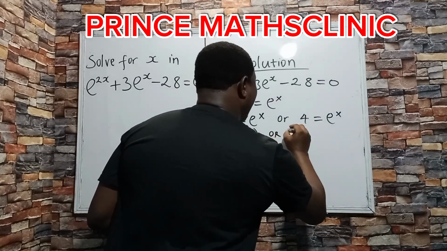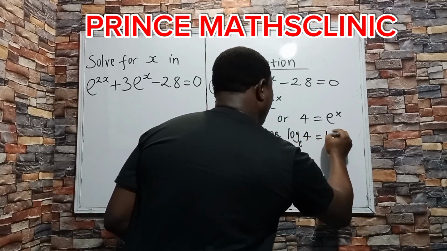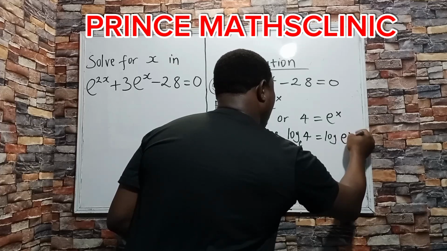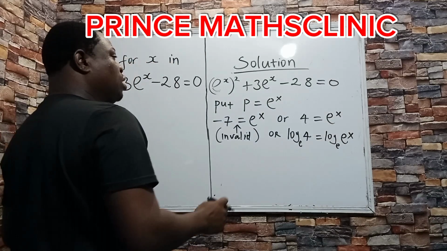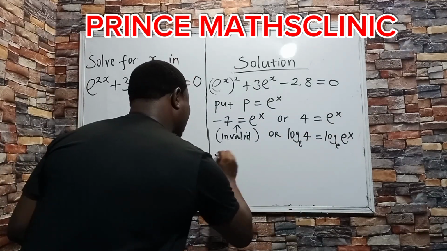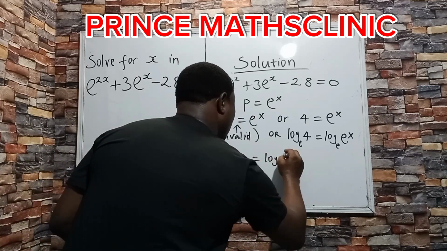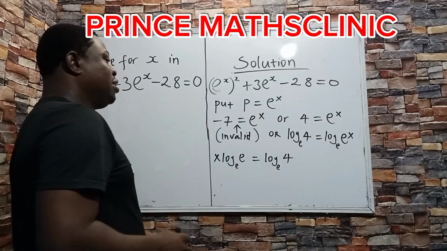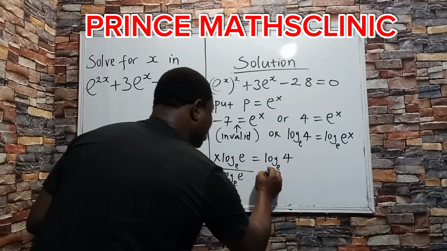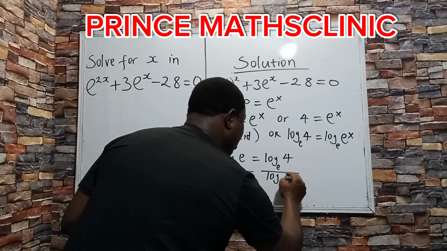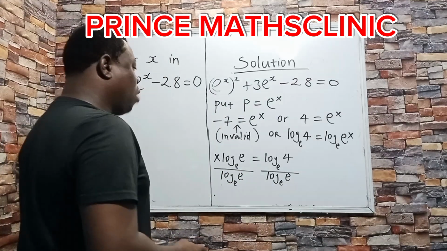Then let's focus on this. Log 4 base e equals log e to the power of x base e. Using the laws of logarithm, if you bring the power down, you have x log e to base e equals log of 4 in base e. Dividing both sides by log e to base e, when the base and the number are the same, it turns to 1.